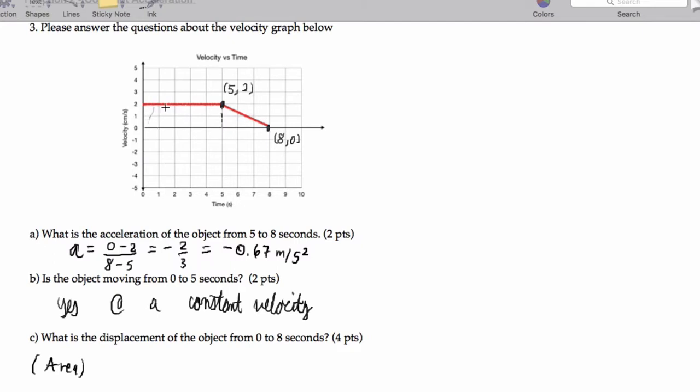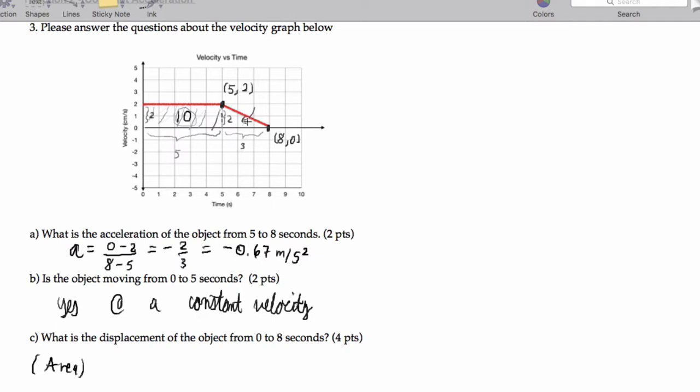So I have this graph here, and I note that the area is, I will actually take 5 times 2. So the area here is 10. And then for this part here, I notice that the base is 3 and the height is 2.